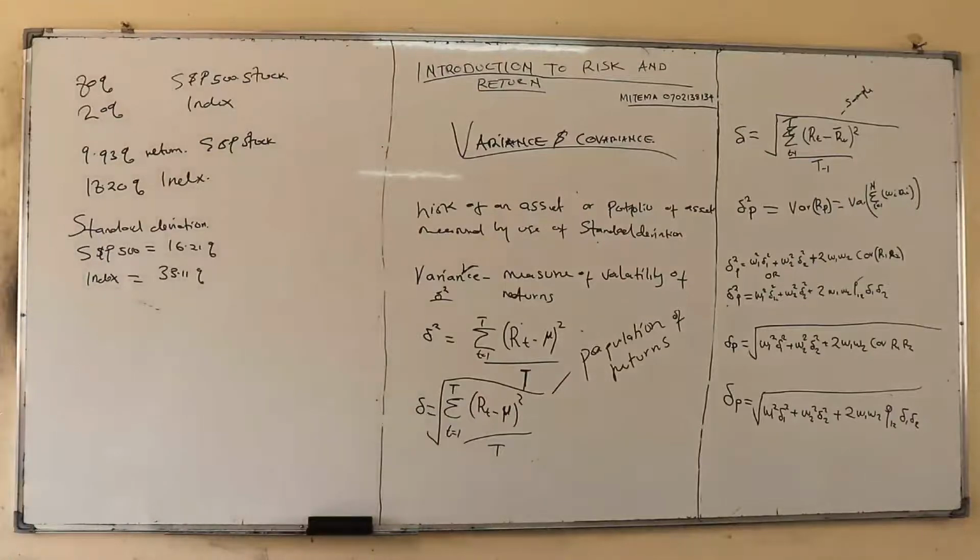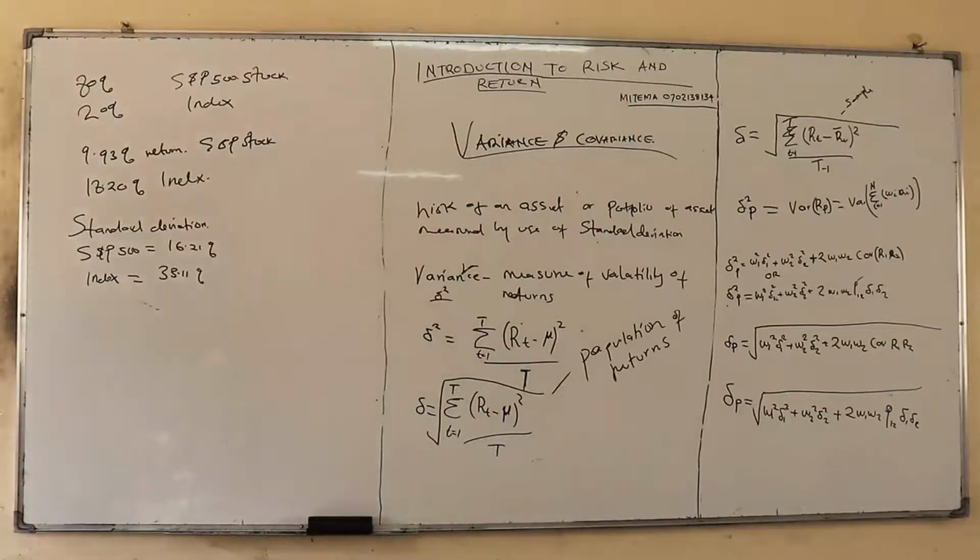So you are asked, what will be the portfolio's expected return and the risk, given that the covariance between the S&P 500 stock and the emerging market index is 0.5.